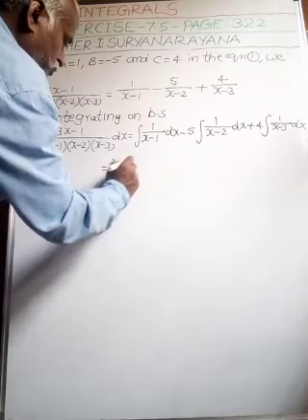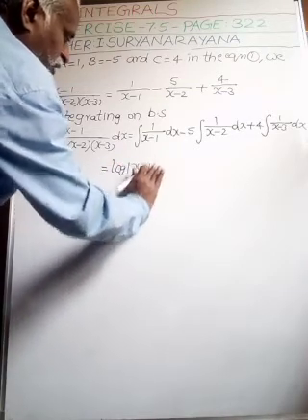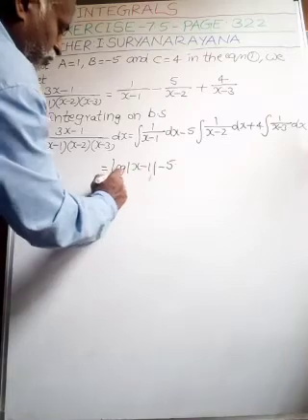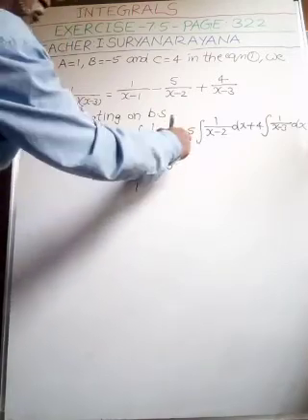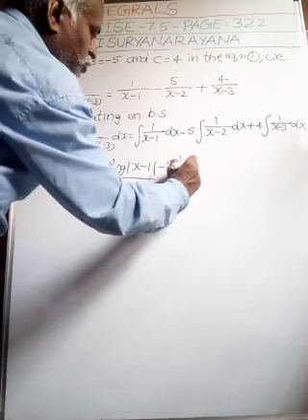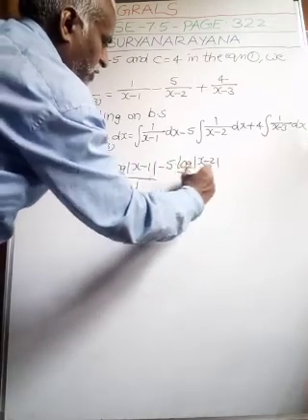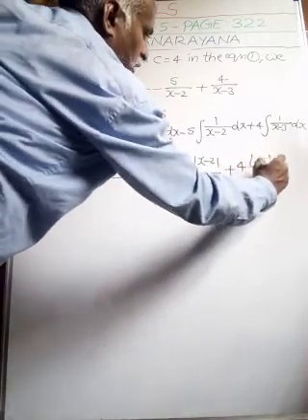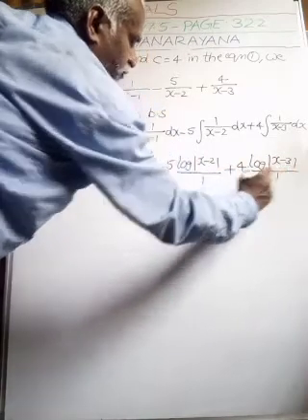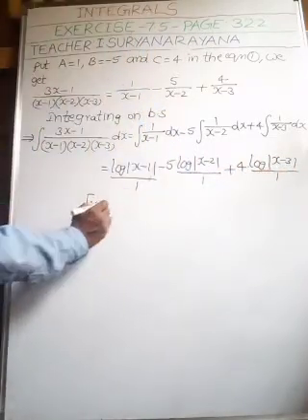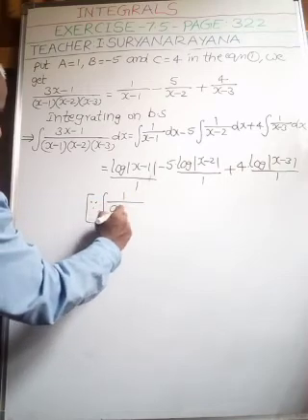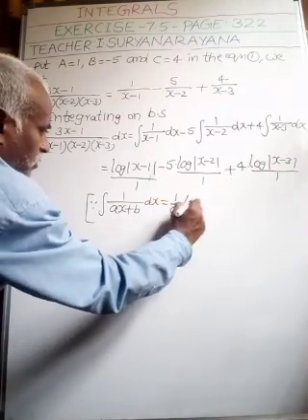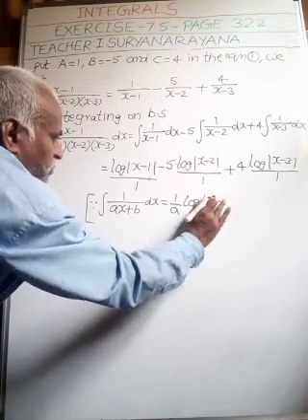Log mod x minus 1, minus 5 into, here also by 1, the x coefficient is 1, so log mod x minus 2 whole divided by 1, plus 4 log mod x minus 3 whole divided by 1, because integral 1 by ax plus b dx is equal to 1 by a log mod ax plus b.